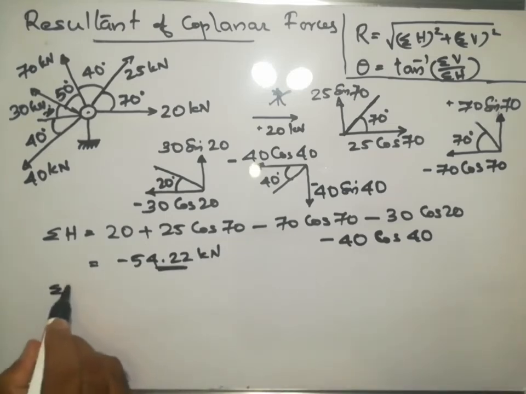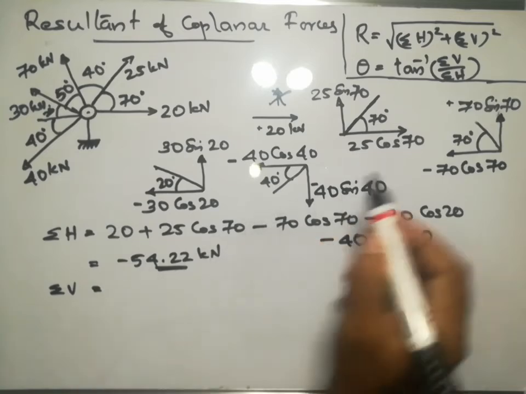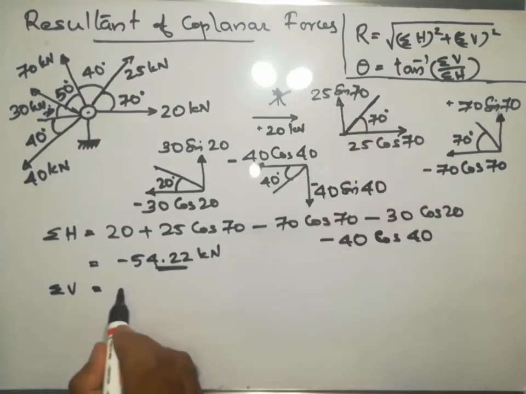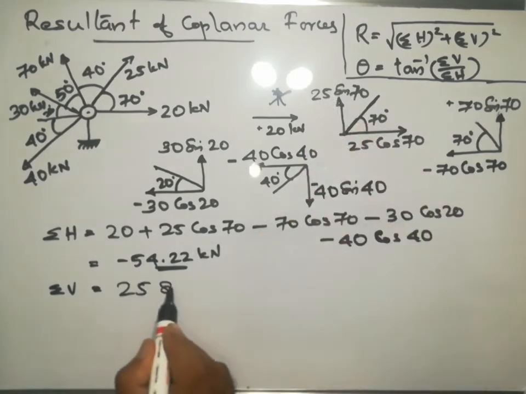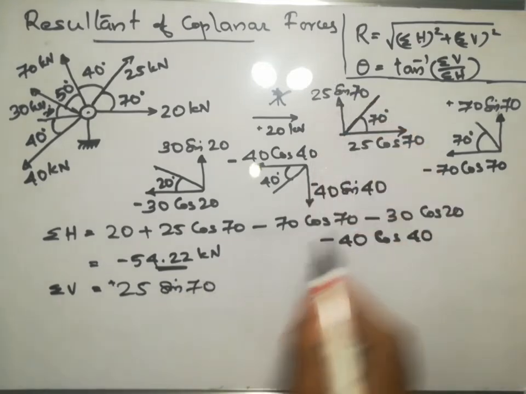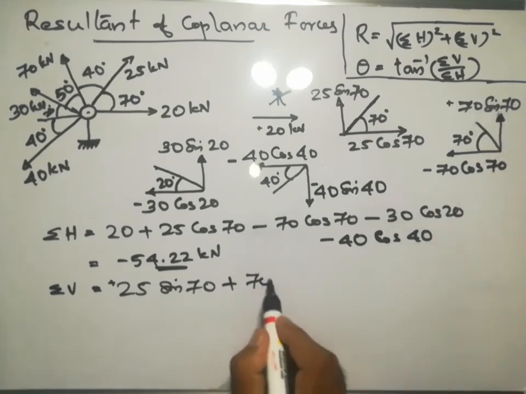Then sigma V equals the algebraic sum of vertical components. The first force is not having any vertical component. If you want, you can write 0 for more understandability, but I'm not writing it. So I'll start with the second force. It will be 25 sine 70. It is positive because it is acting upwards. Then the next force is 70 sine 70.